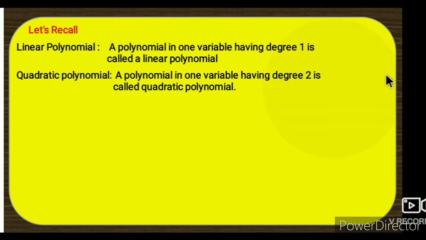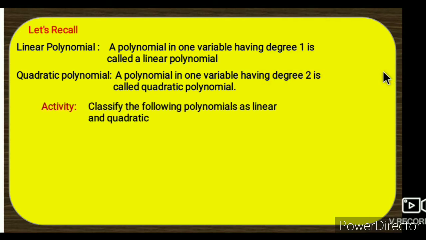Now students, some activities are given here. Classify the following polynomials as linear and quadratic polynomials. Some examples are given: 5x plus 9, x square plus 3x minus 5, 3x minus 7, 3x square minus 5x and 5x square.